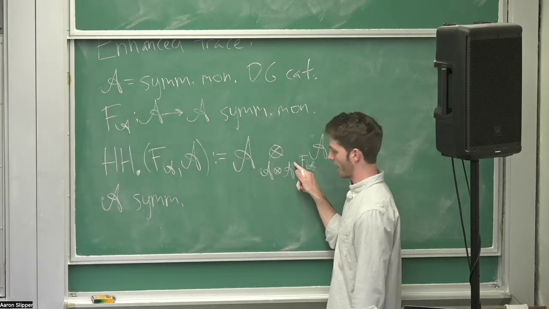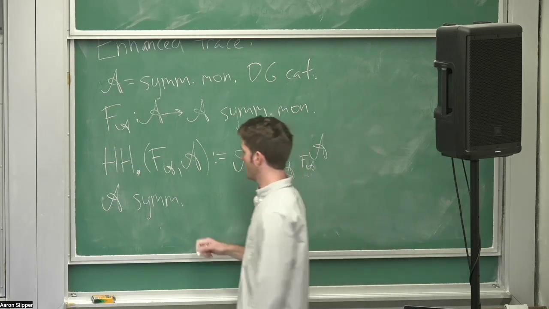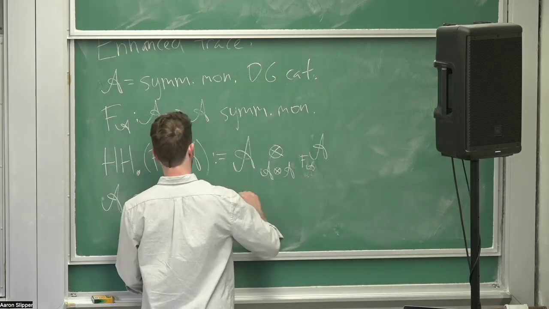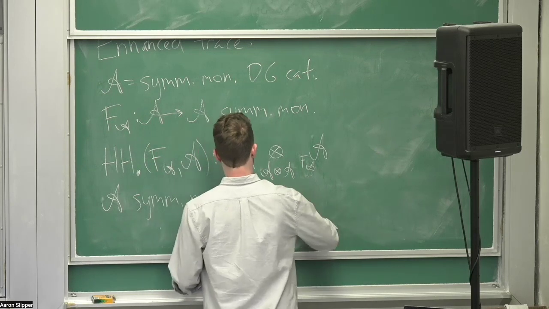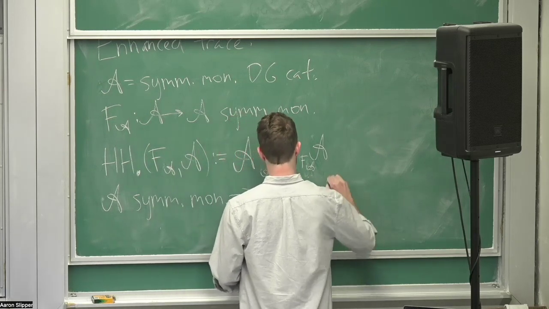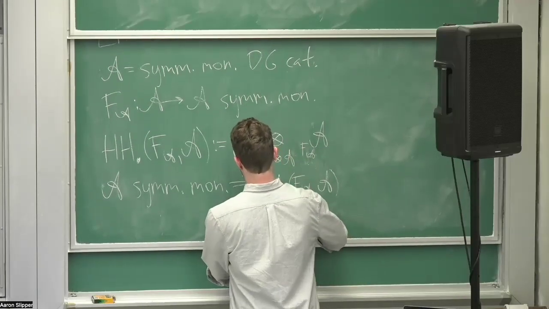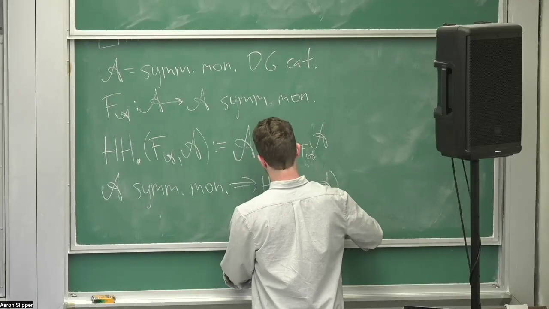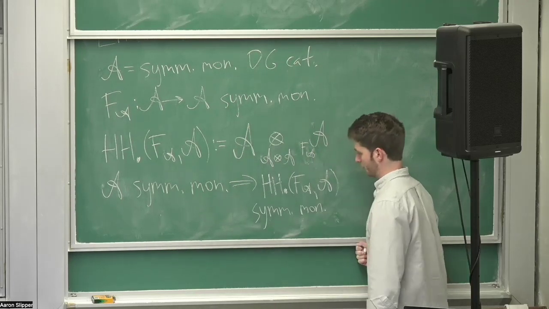I would have to write A reversed here or something, but otherwise it would look the same. But the fact that A was symmetric monoidal implies that this category of topological chains is also symmetric monoidal, just by functoriality, by some kind of general nonsense.